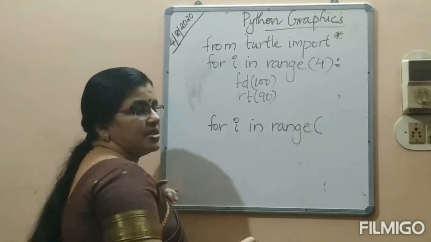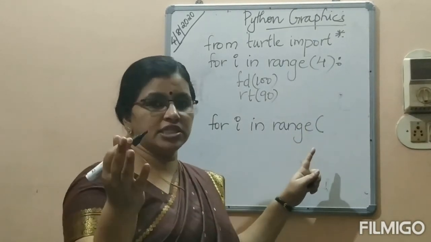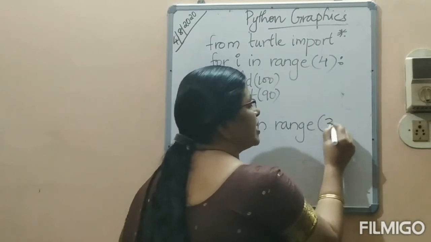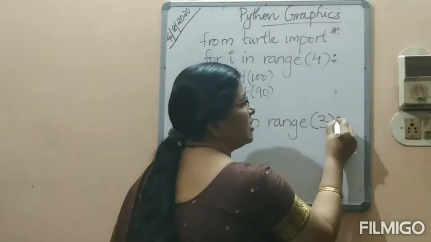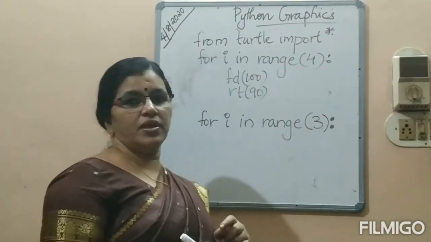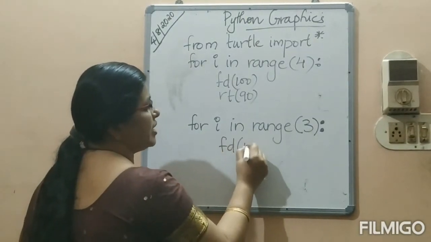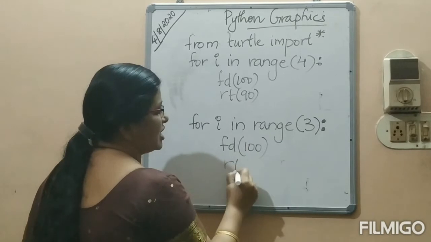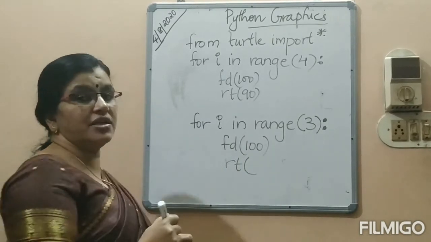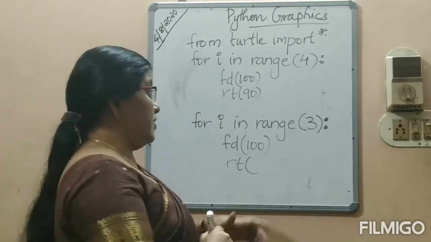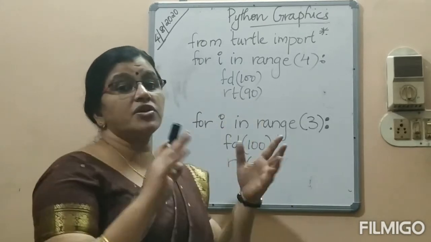How many sides does the triangle have? 3 sides. Inside the range I will write 3, then a colon. The FD is 100. What about the RT? If it is turning 90, it will not draw a triangle.